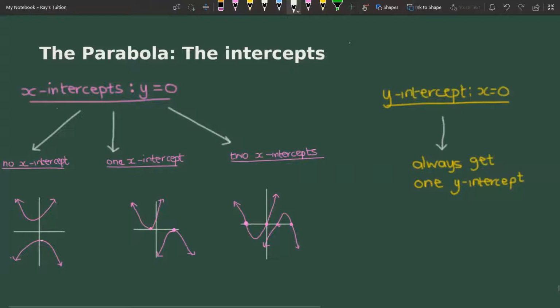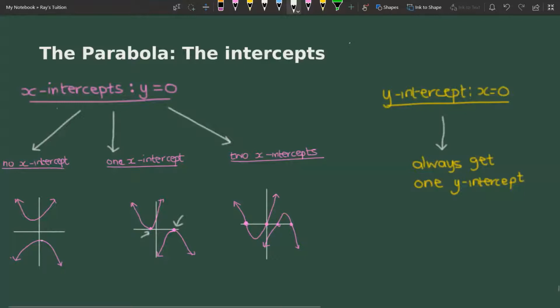The next case is when we have only one X-intercept, and that happens when the turning point is on the X-axis. So here on the diagram, we have little images of where the turning point is on the X-axis, and in that case, it will only cut the X-axis once, and we will have one X-intercept.